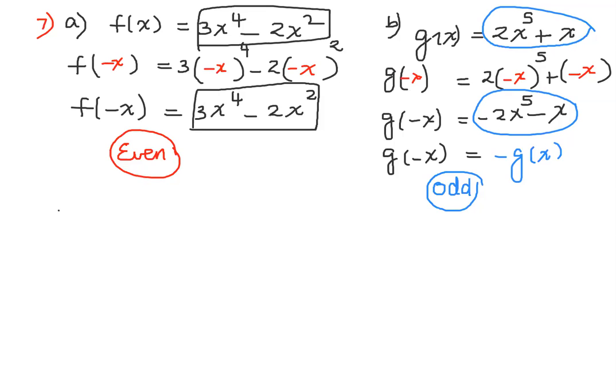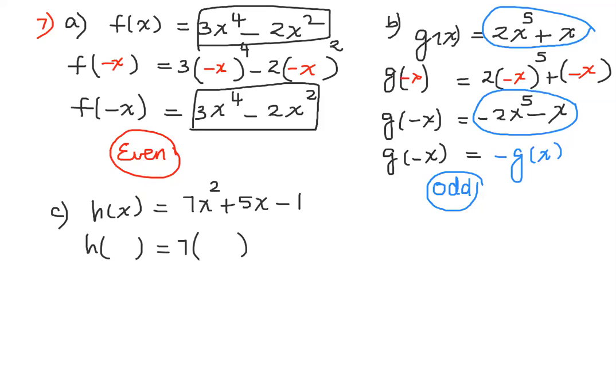Okay, I will do the C as well. H of x equals 7x squared plus 5x minus 1. Again, we are going to replace the x by negative x. So the first one is going to be positive because the power is even.